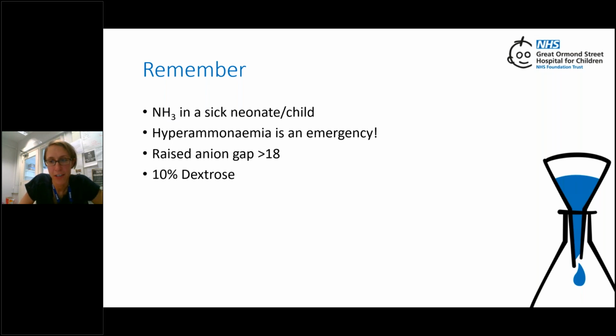And remember that the fluid for most of the metabolic patients, so there are a few exceptions, is 10% dextrose with added electrolytes. And I would urge you all to have a look at the BIMDG homepage. It's incredibly useful. It doesn't matter whether you are dealing with a patient with hypoglycemia or a patient with, I don't know, hyperammonaemia.